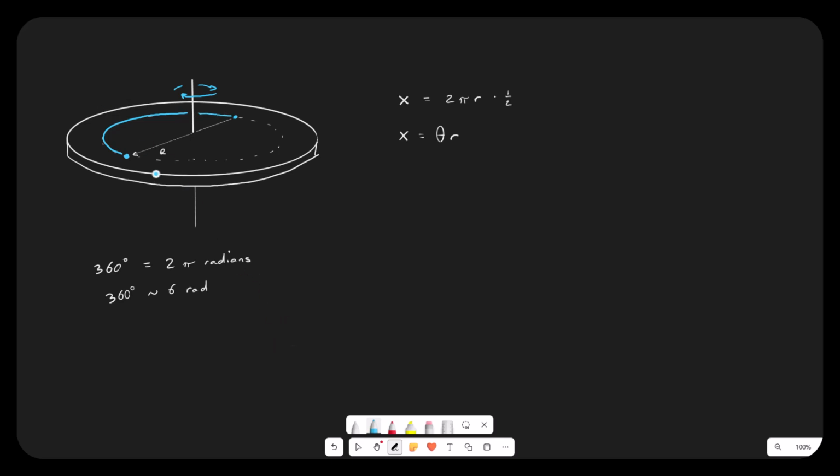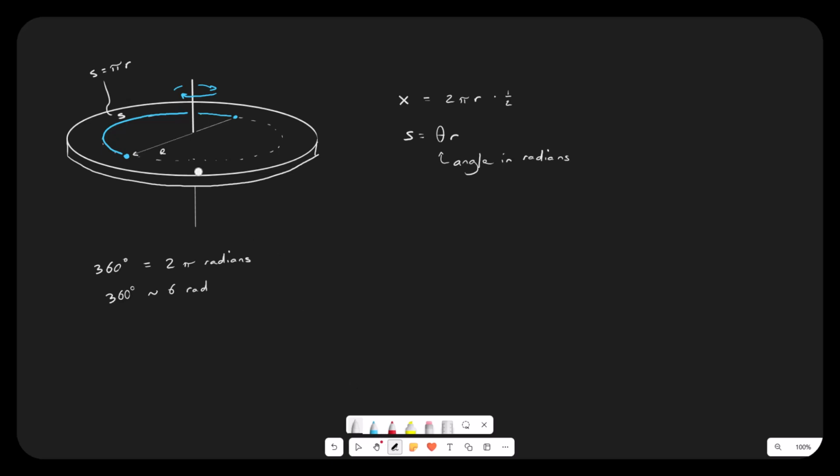The distance that we've covered, and maybe now because I'm moving in a circle I shouldn't call it x anymore, I'm going to call it s for arc length. The distance that we've covered, in this case, it's half of a circle. That's going to be pi times r. If a full circle is 2 pi radians, and I just did a half circle, then I can say that my arc length, the distance that I'm actually traveling, is going to be theta times r, with theta being the angle in radians.